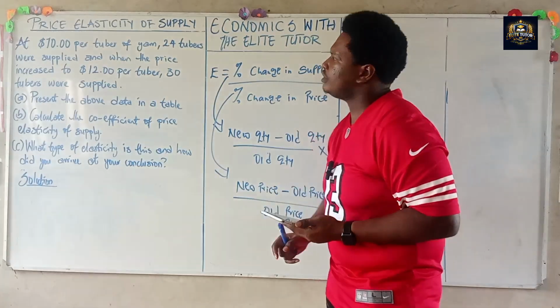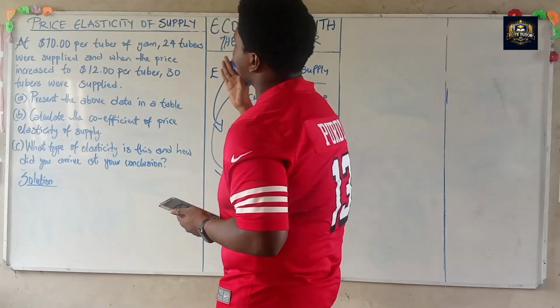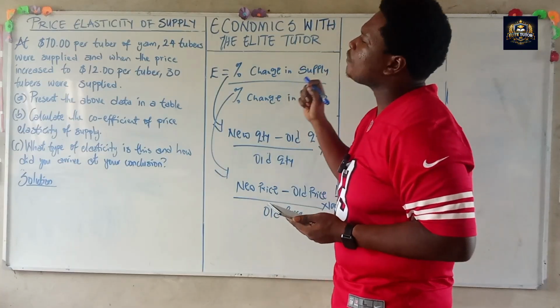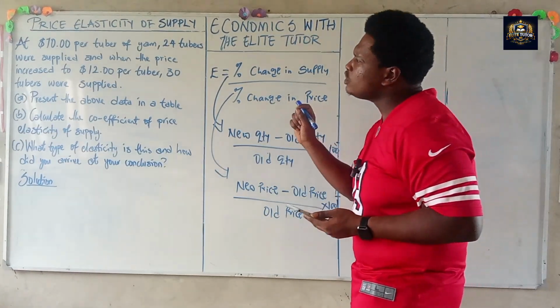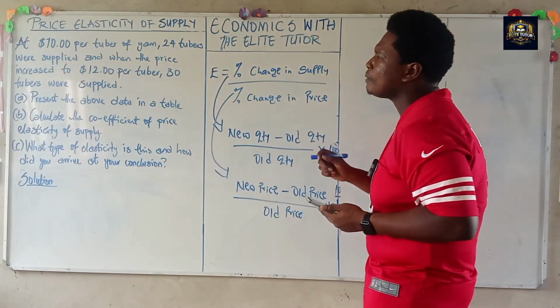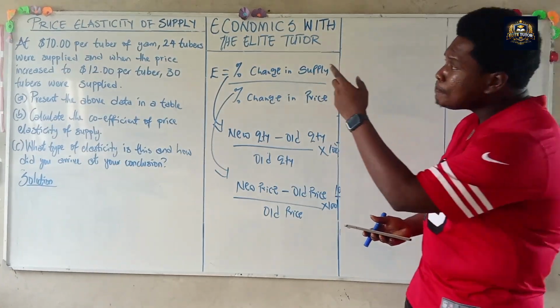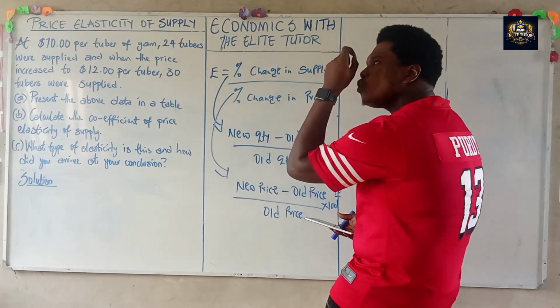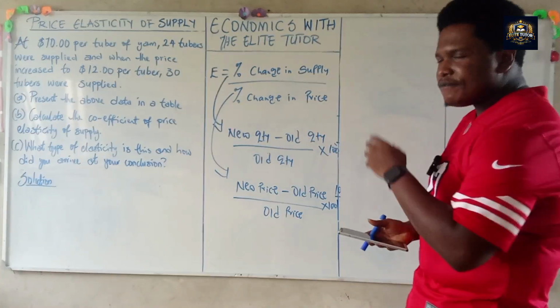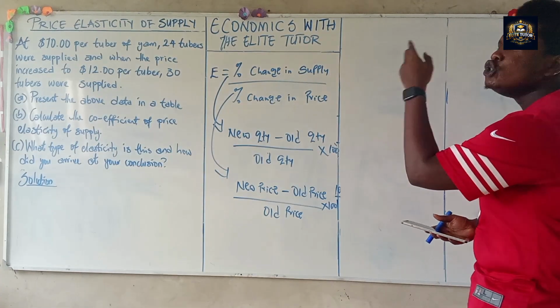Now let's go to our question. At $10 per tuber of yam, 24 tubers were supplied. This simply tells us that our first price here is $10 for a tuber of yam, and the quantity that was supplied was 24.